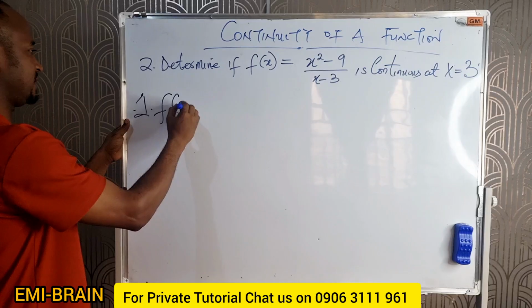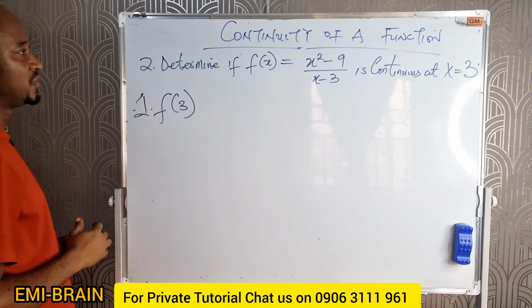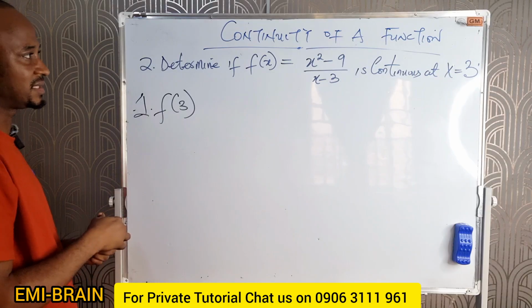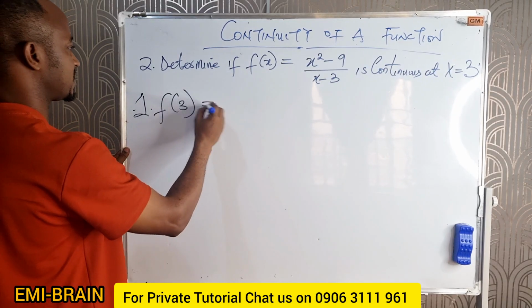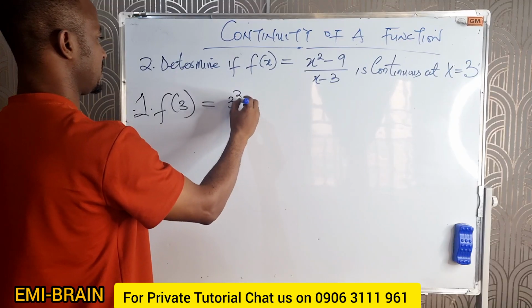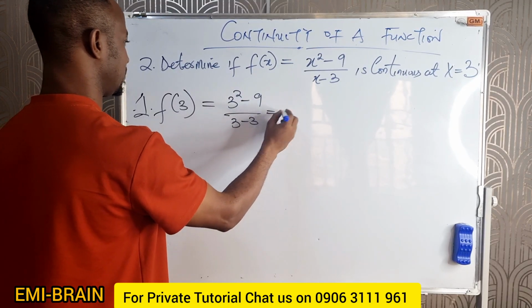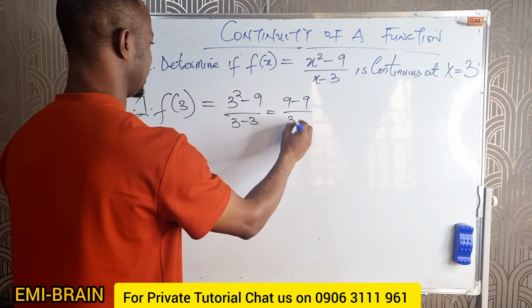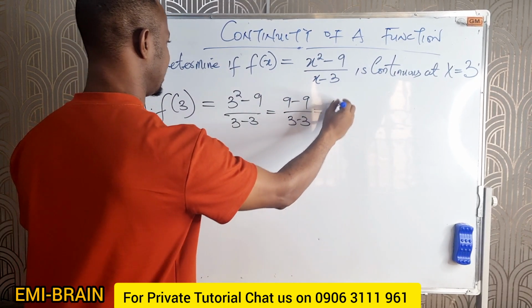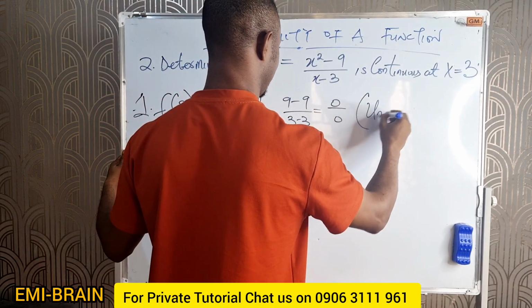Let's test if f of 3 is defined, meaning I will directly substitute the value of x as 3 into my function f of x. That gives us 3 squared minus 9 divided by 3 minus 3, which is 9 minus 9 divided by 3 minus 3, and that gives us 0 divided by 0. This is not defined. This is an undefined function.